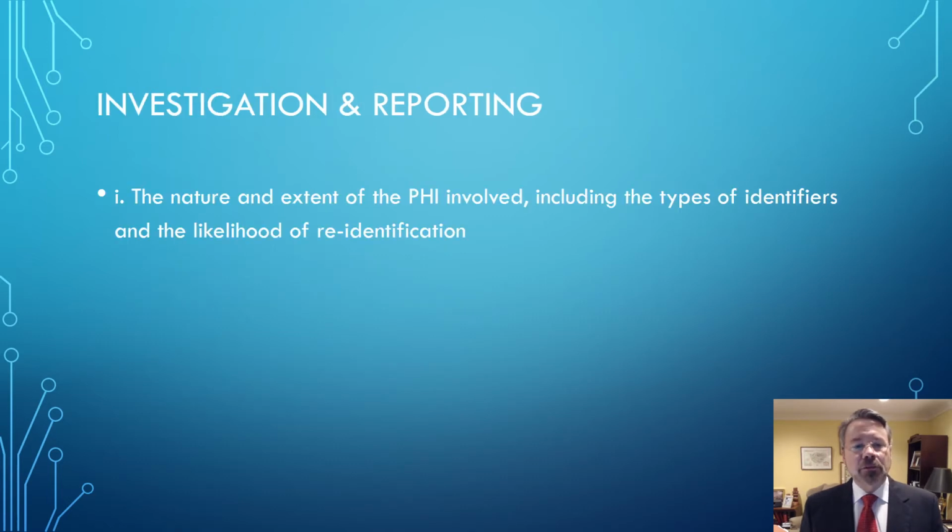That investigation has to include a number of things, such as what type of identifiers were within the information that was disclosed or hacked, and what's the likelihood of the identifiers being put back with the information so that an individual patient could be identified.